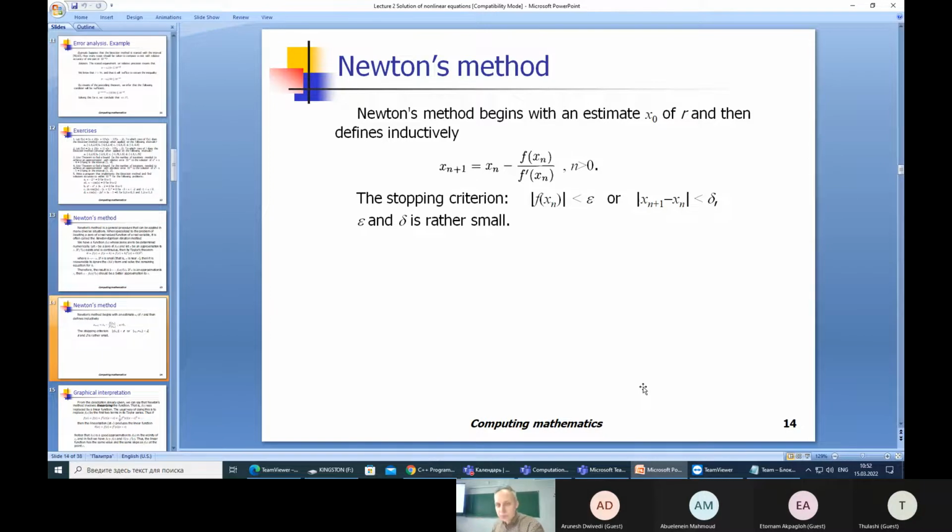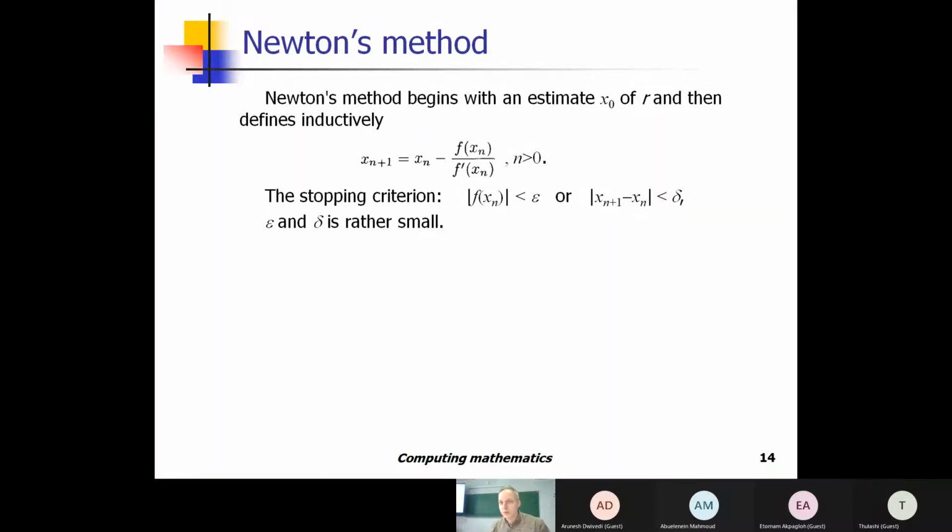And we can repeat this process step by step. The main formula is written here on this slide. Suppose that we have some first point, the initial point, x0. R is the unknown root.